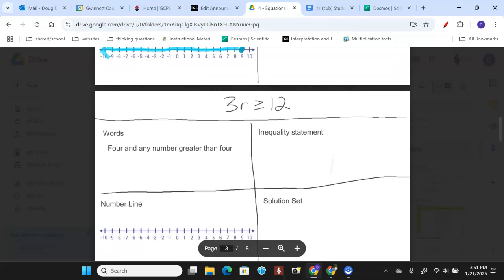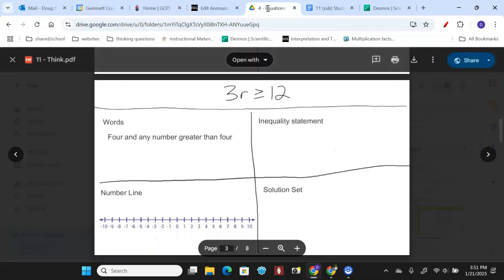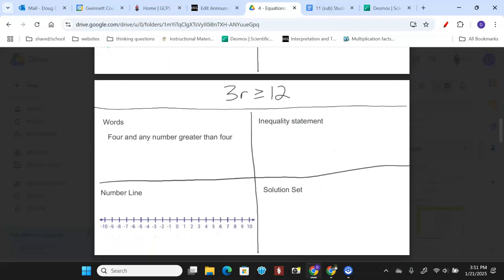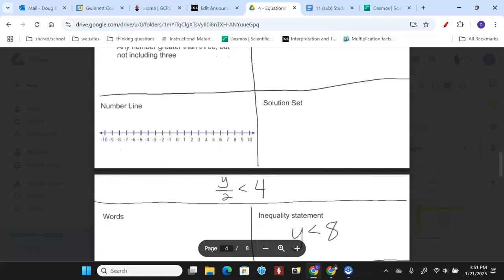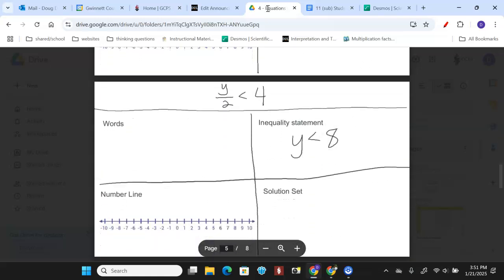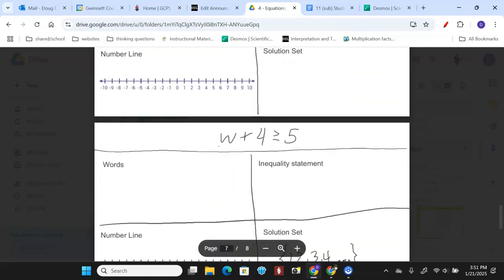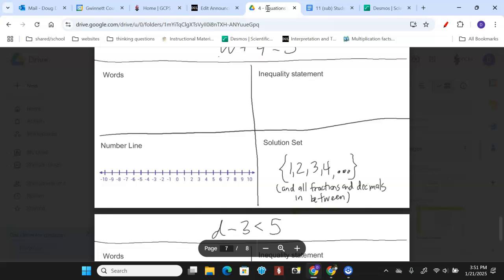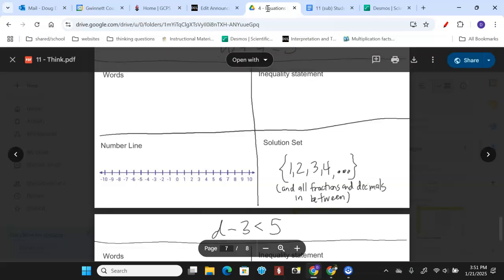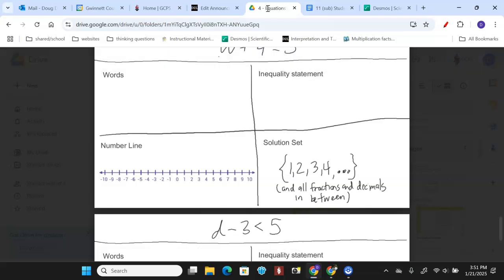Some of them I was going to give you the words way. Some of them I was going to give you the inequality statement way. And some of them I was going to give you the solution set notation. And have you see if by me giving you the answer one way, you could figure out how to do all 4 of them. Great thinking task.